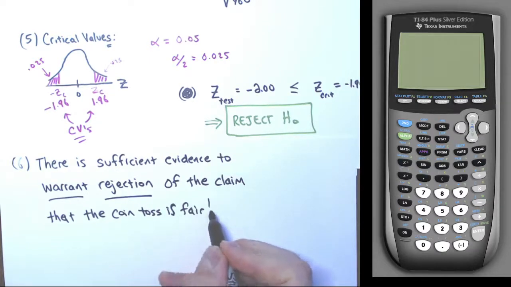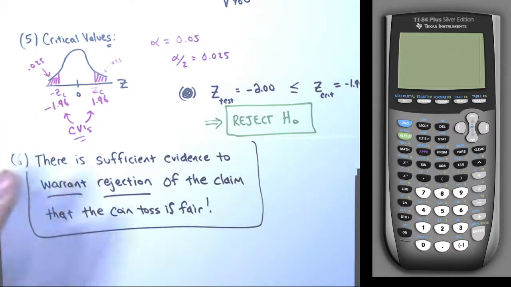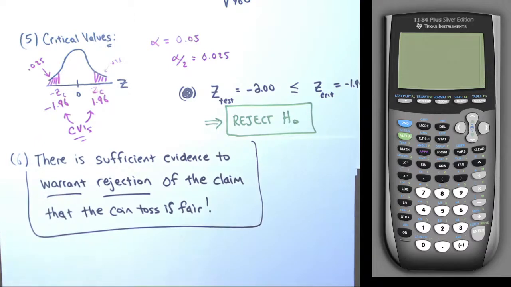All right. So if we're saying this, we're saying there's enough evidence in our sample, those 460 overtime games, to warrant rejection of the claim that the coin toss is fair, then we're saying that the coin toss wasn't fair, and thus the rule change, right? Because I'm sure they had people look at those overtime games and talk about the coin toss and whatnot, and determine, hey, that coin toss isn't fair.